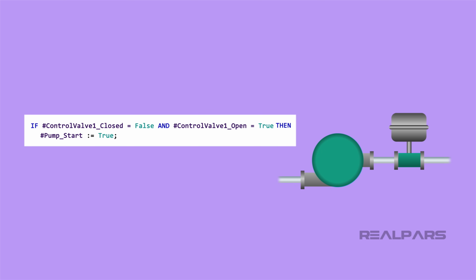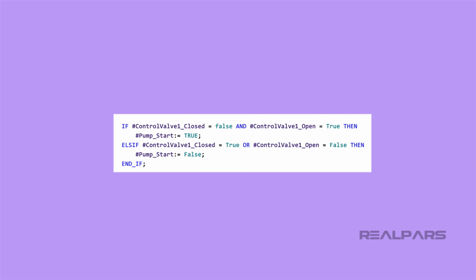Now that the pump is running, you need to add logic to stop the pump if the control valve closes. To do this, you'll simply add another statement to the logic as if control valve 1 underscore closed is true or control valve 1 underscore open is false, then pump start is false. Now, let's put all of our statements together to create a routine.